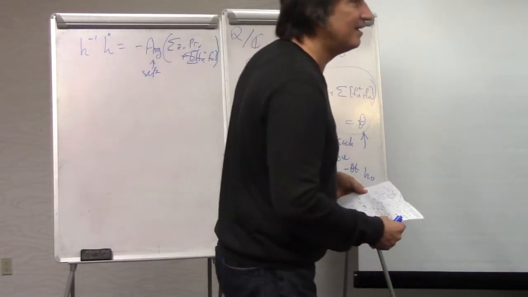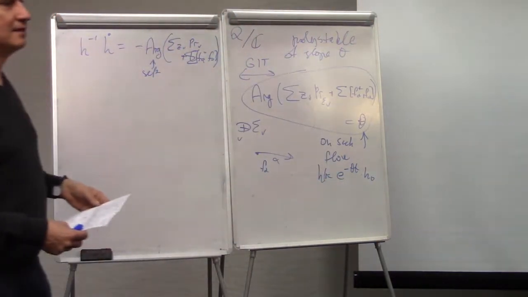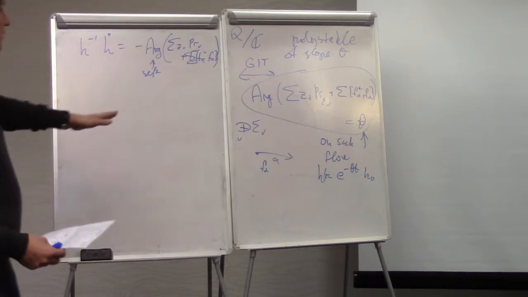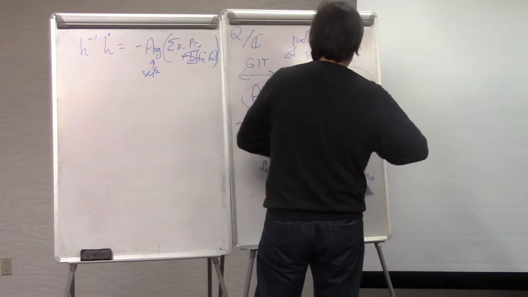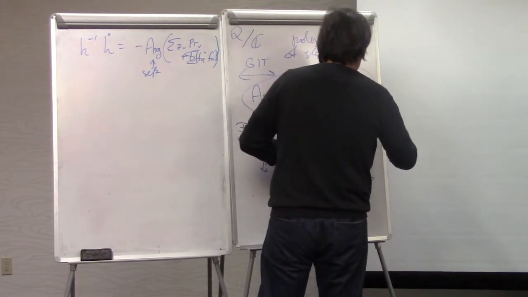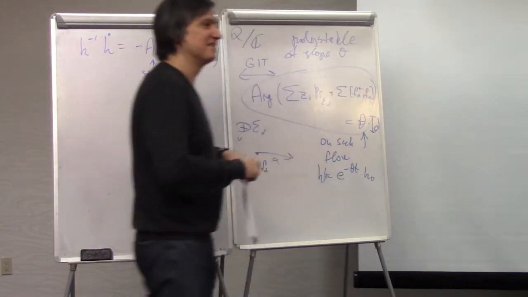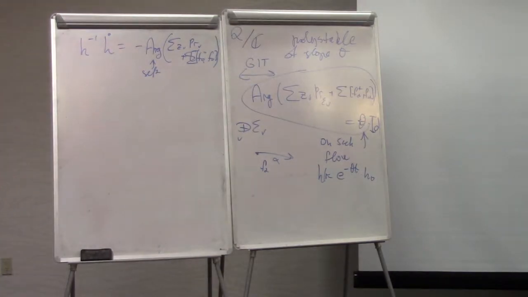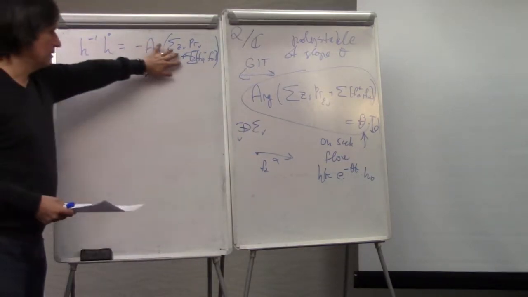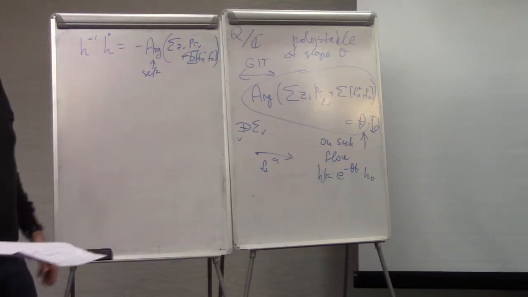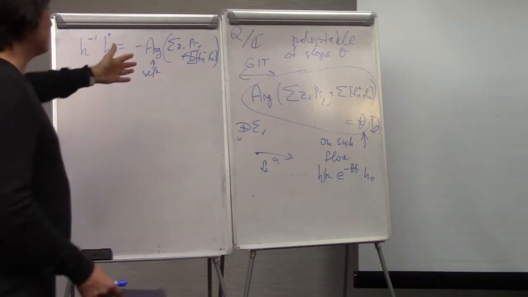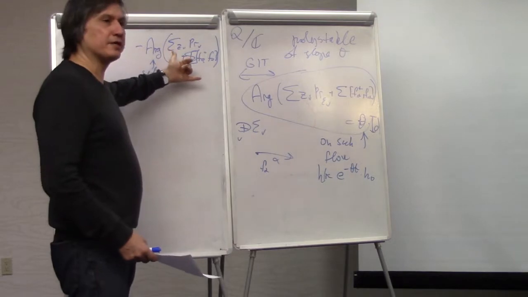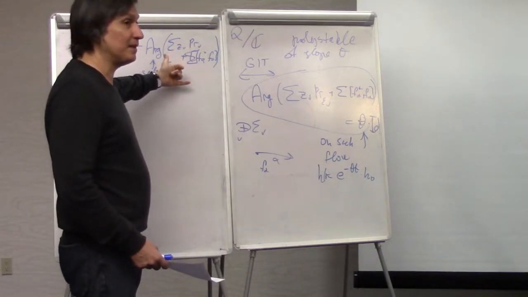Just to understand: on one side there is a number, the argument. On the right side, yes. So the argument is a number times the identity operator. And here it will be an operator. The argument is in terms of some polar decomposition. It's what's called a normal operator: its imaginary part commutes with its real part.